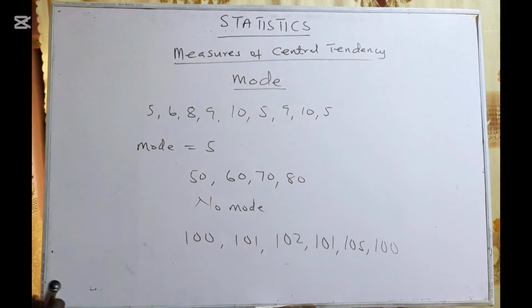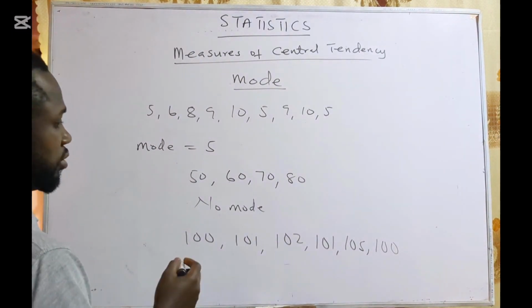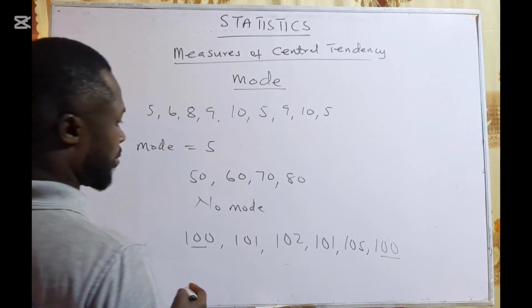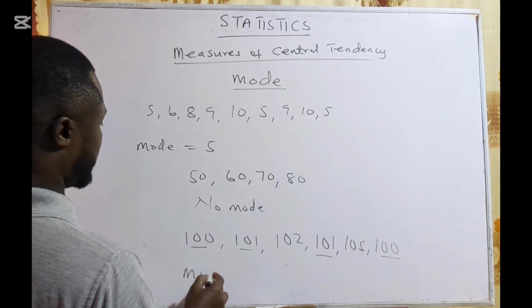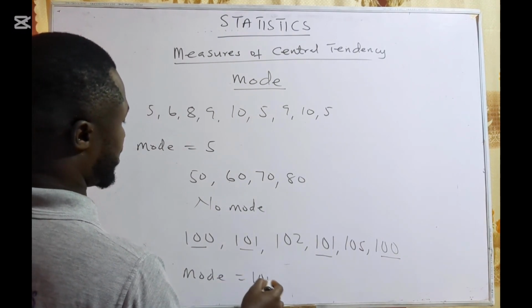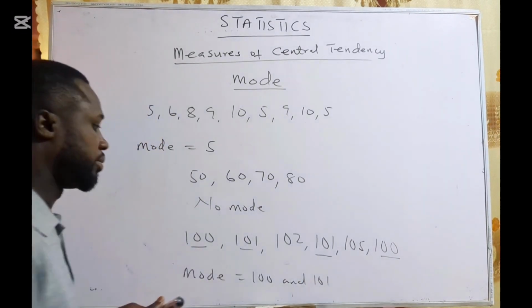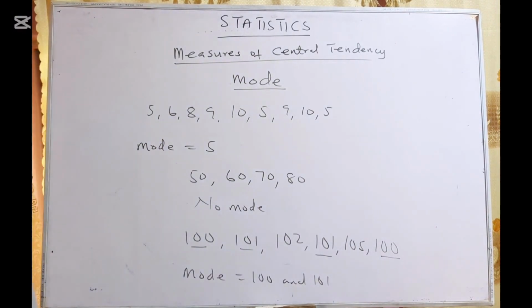We can also have a data where you may have the mode to be more than 1. 100 is appearing 2 times. 101 is also appearing 2 times. So I can say my mode is 100 and then 101, because that is the data which is occurring most.